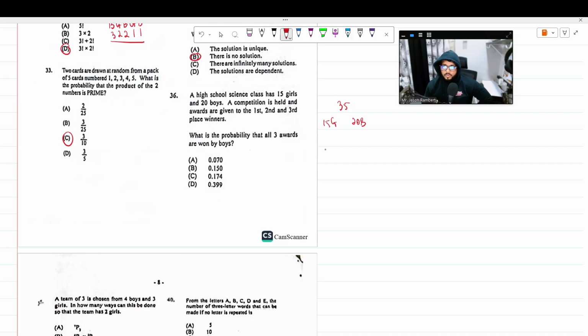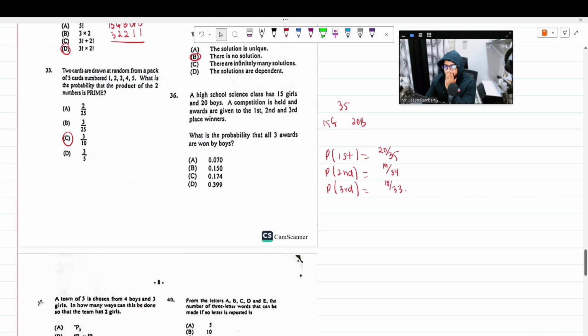So if we have 3 awards, the probability that the first award, then the second award, and the third award, so we're going to say the first is going to be literally 20 over 35. The probability that the second place winner, first place already picked, will be 19 out of 34. And the probability that he's third, we're picking a boy again, is 18 out of 33.